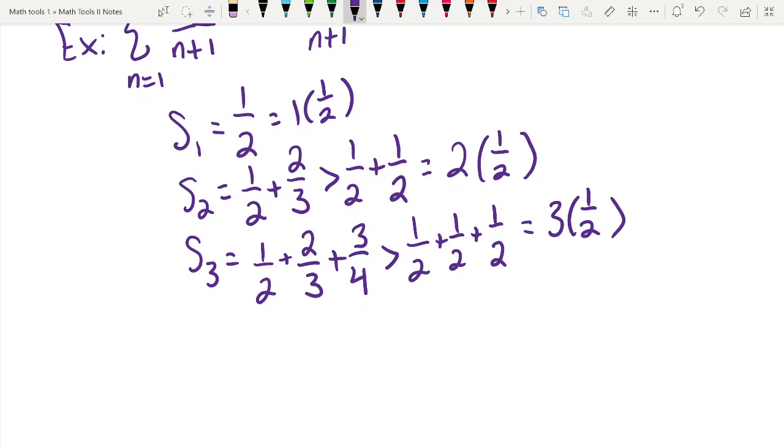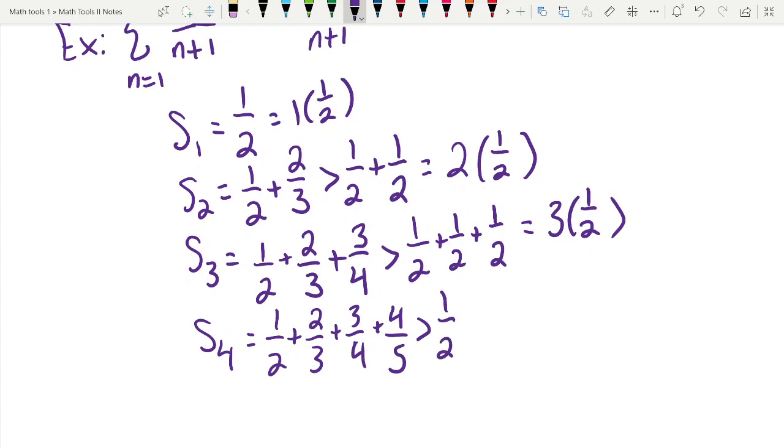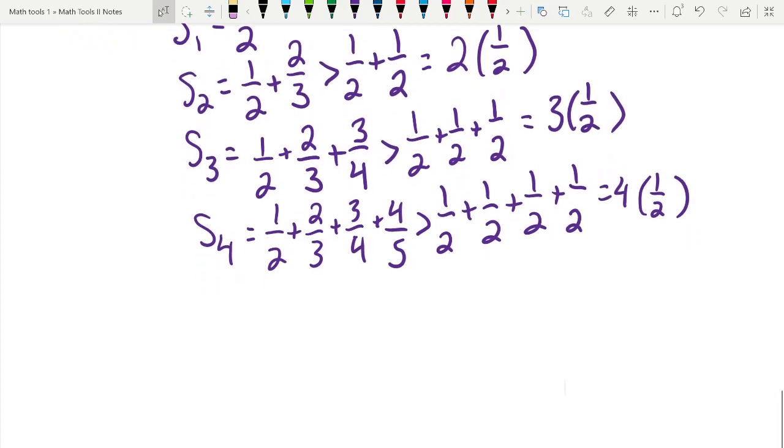So essentially the idea here is, if we have S4 now, 1/2 plus 2/3 plus 3/4 plus 4/5, overall this is going to be greater than 1/2 four times. So we're able to establish a pattern this way. It's hard to establish a pattern for the terms themselves, but we can establish a pattern for something smaller than it.